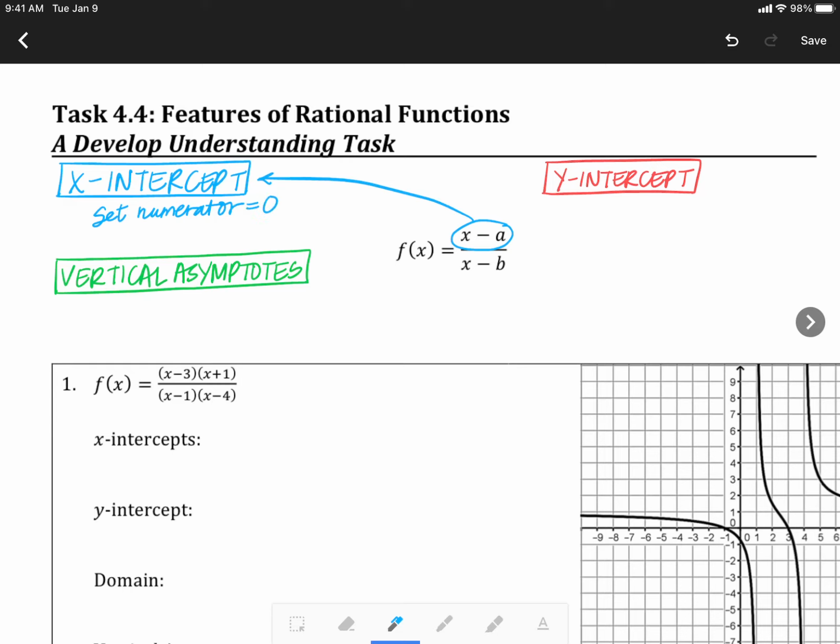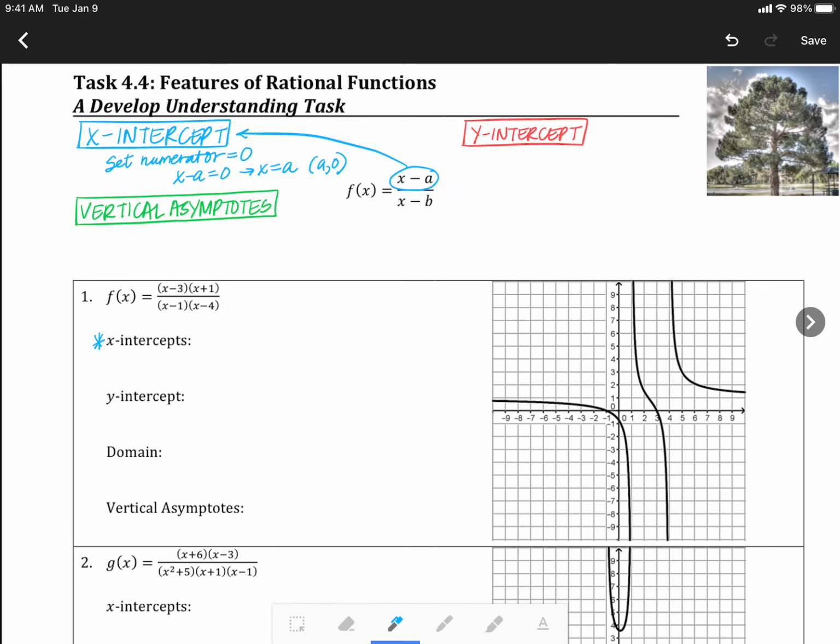In this case, it would be x minus a equals 0, or x equals a, which means we have an intercept at a comma 0. So that's going to get us our x-intercepts for each function. We can look at the numerator and know that all those factors in the numerator translate to x-intercepts.